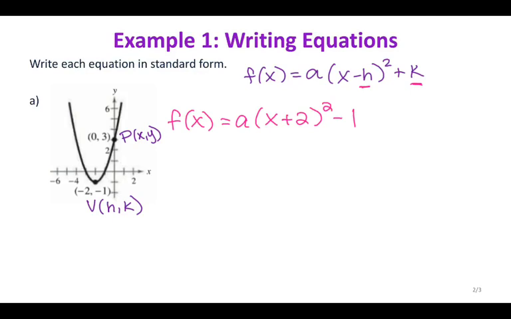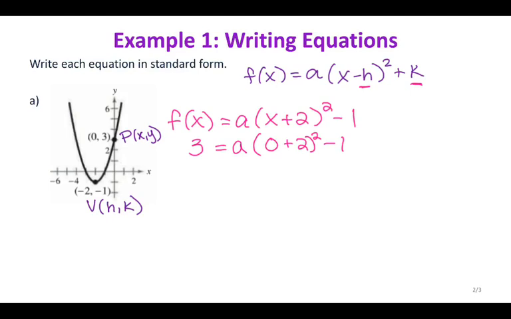So I can plug in those values as well. I can plug in 0 for x and 3 for y. Well, f of x is the same thing as y, so I'm going to plug it over here. And then that is going to allow me to have an equation in which everything has been substituted except for a. So now I can solve for a.